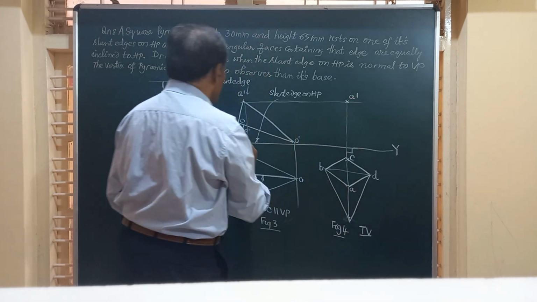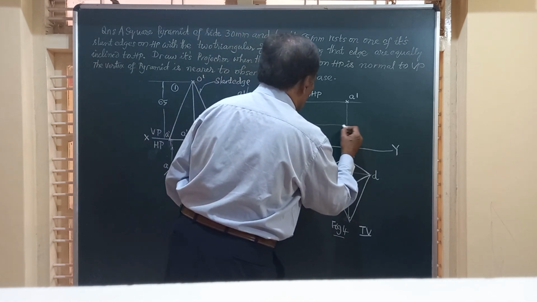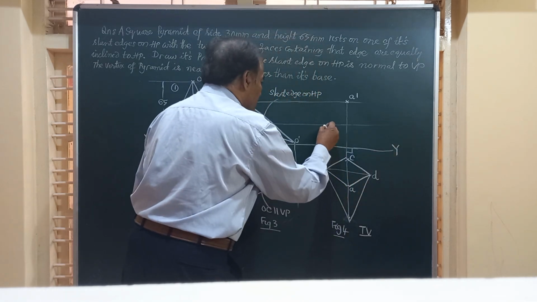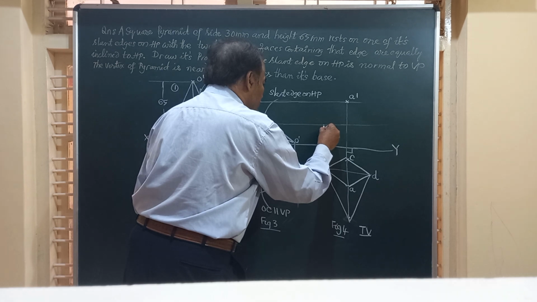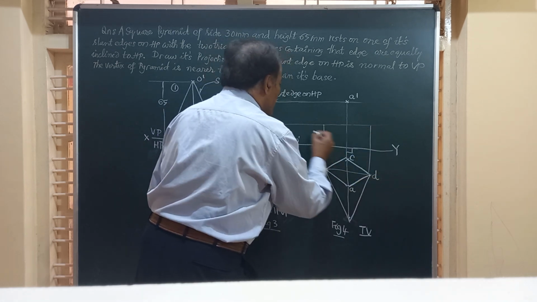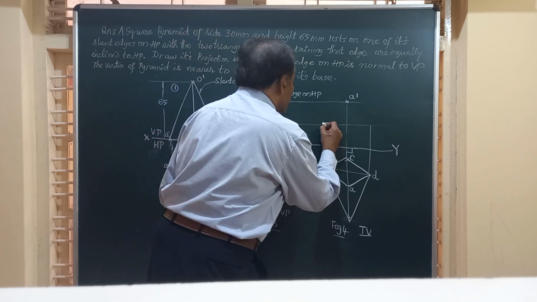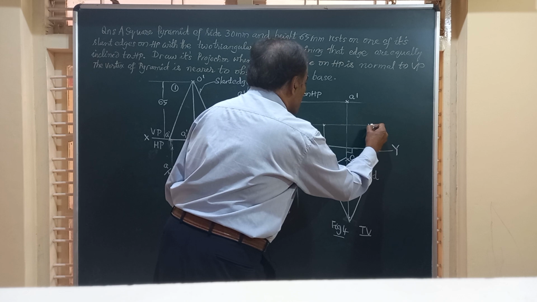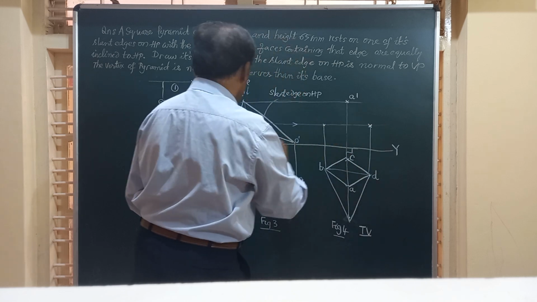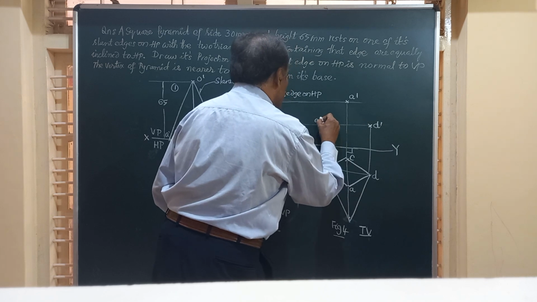Then friends, you have got B and D on this. So B and D should fall on this line. So draw a vertical line from B and a vertical line from this point D, so as to meet the horizontal line drawn through B dash and D dash. Friends, this is A dash and this point is D dash, this is C dash.